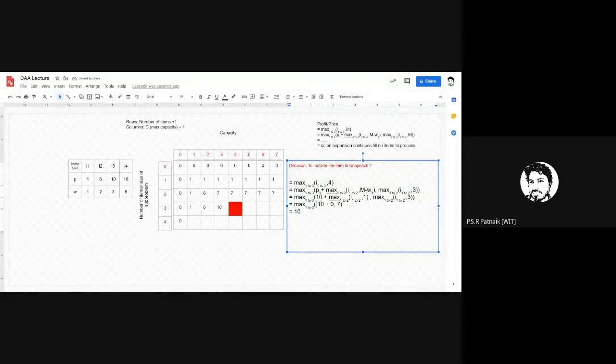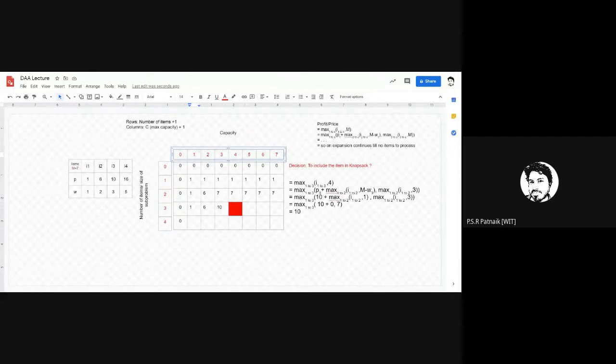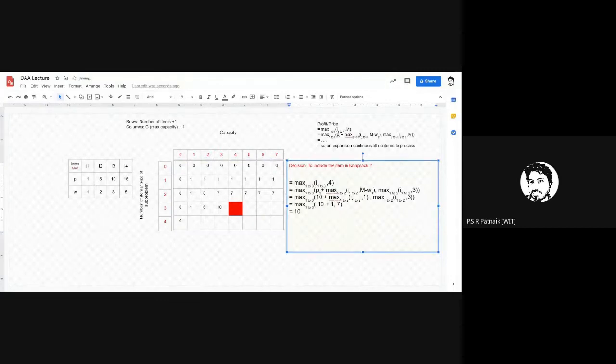So if you go through this, it is 10 plus the max of this call. What does this call indicate? Two items to process, sack capacity is 1. What is this? 1. So 10 plus 1, and this still remains. And if you exclude this, this is what you have.